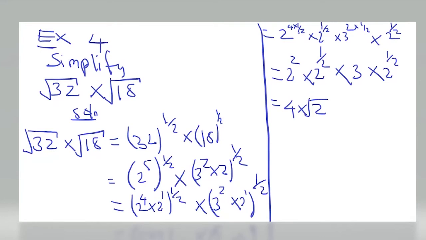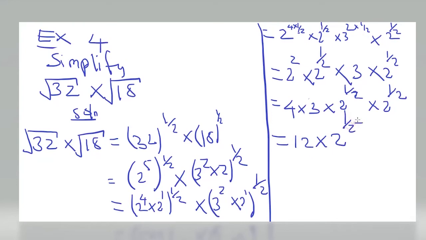Okay, let me add them. Then times 3, then times 2 power a half. If you don't understand, let me write: 2 times a half, then times 2 power a half, this will be equal to 4 times 3, which is 12, then times 2 power a half plus a half plus a half.